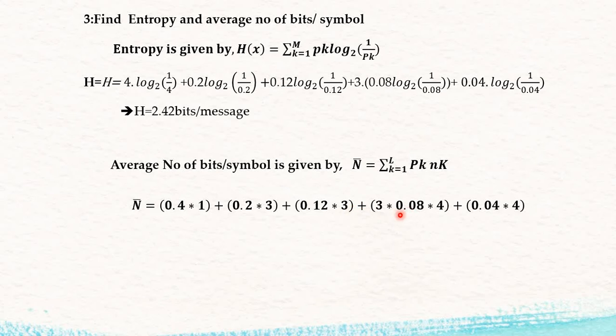One thing is also important: as 0.08 is present three times, we do not take the addition or multiplication three times. Just multiply the value by 3, and it gives the combined probability. And then finally 0.04 with the number of bits 4. This gives the average number of bits per symbol. Once the entropy and the average number of bits are with us, our last and fourth step is to find the efficiency.